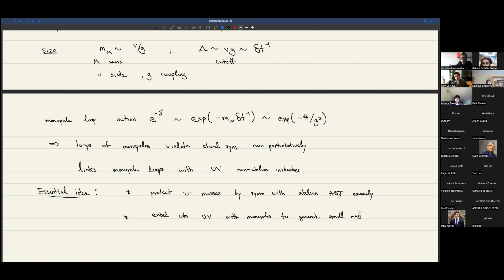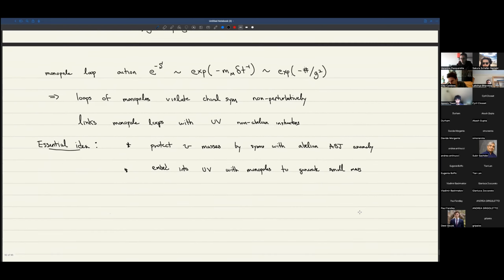Whenever you find such a symmetry, you always know that there might be some nice UV completion you could find where there's a violation of that symmetry by a small amount. So it gives you an organizing principle to hunt for hierarchies. And that's the point of view that I'm advocating here.